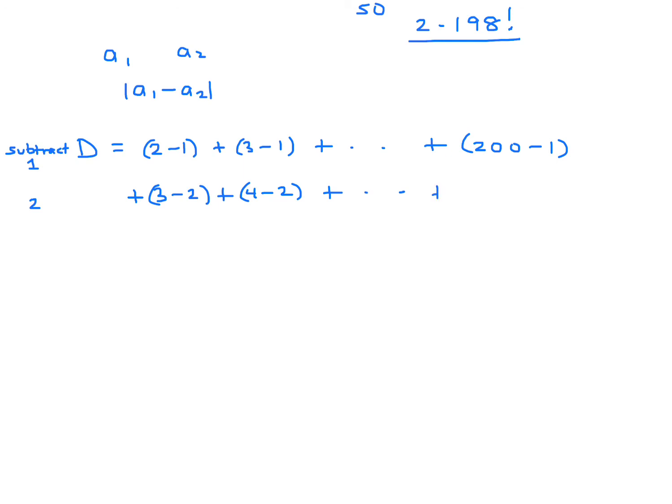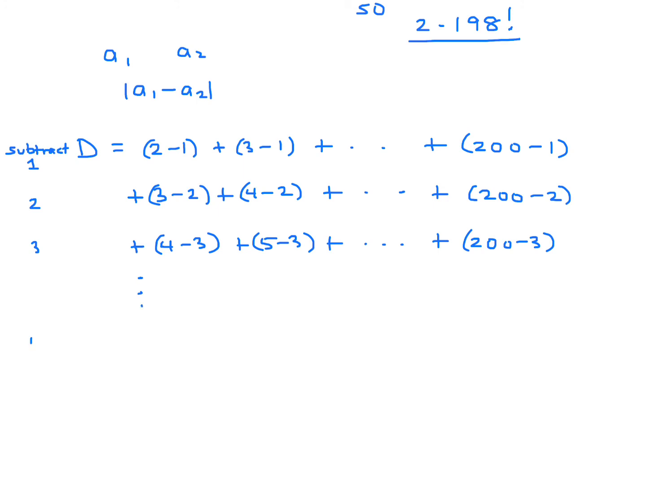All the way dot, dot, dot until you get the very last one, which would be 200 minus 2. Then subtract 3, right? So 4 minus 3 plus 5 minus 3. And then as you can see, this keeps on going until you get to 200 minus 3. And so on, right? You get the idea.